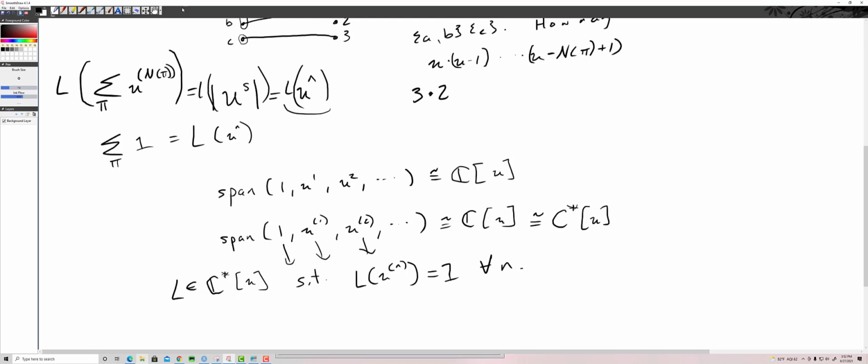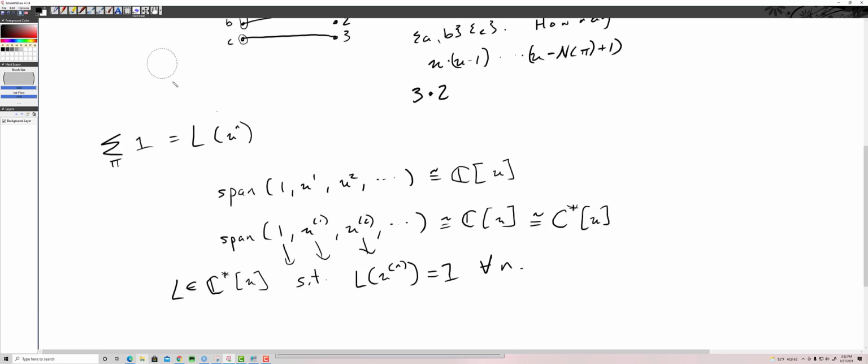All right, and this is really sloppily written, so maybe I'll recopy this with more space. So what I have here is, over all the partitions, I have this u to the falling, where this is the number of blocks in my partition, right? Okay, and that's equal to u to the n.